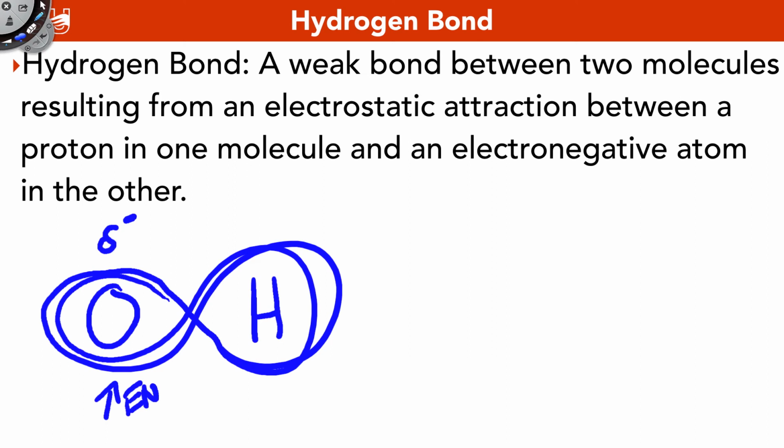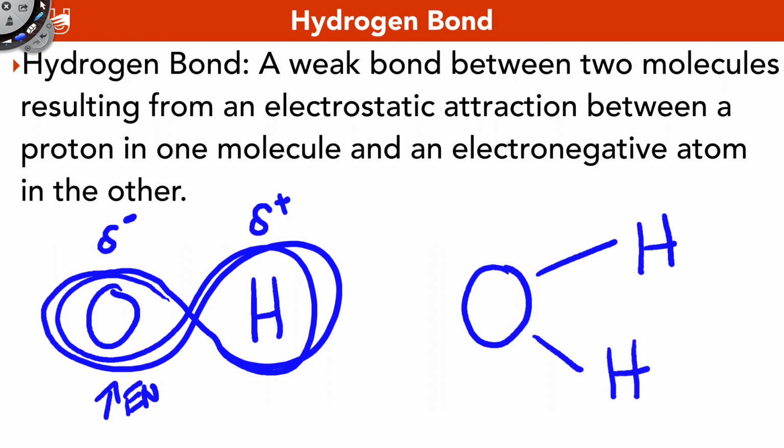There's no balance here. This is more negatively charged. Consequently, because that electron, which is negative, is not around the hydrogen as much, it takes on a partial positive charge. Now let's bring another molecule over here. Let's say we have an oxygen over here connected with some hydrogens.